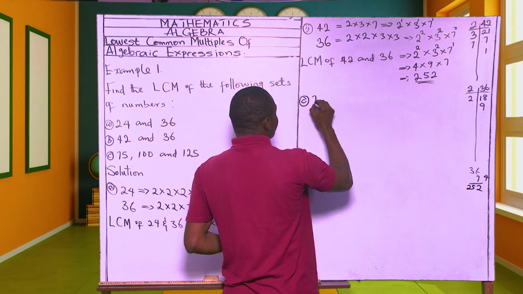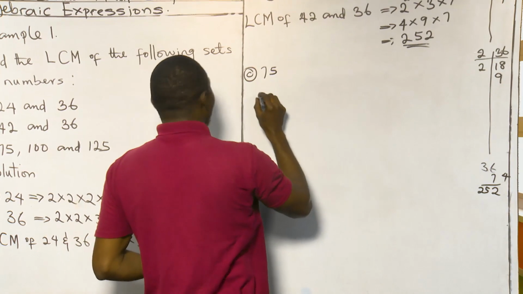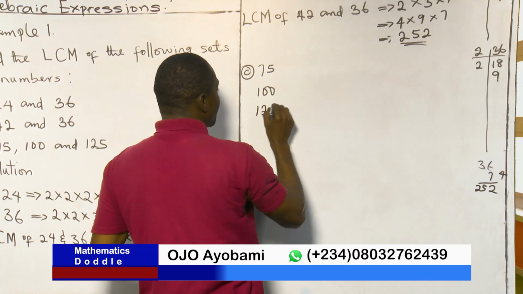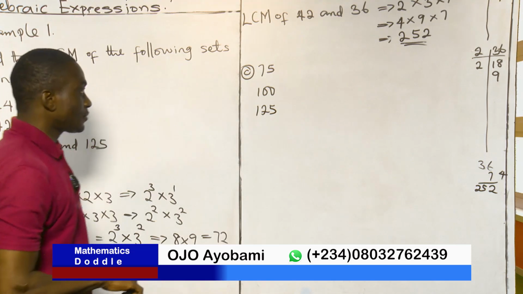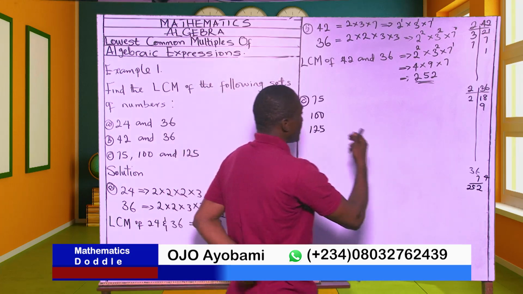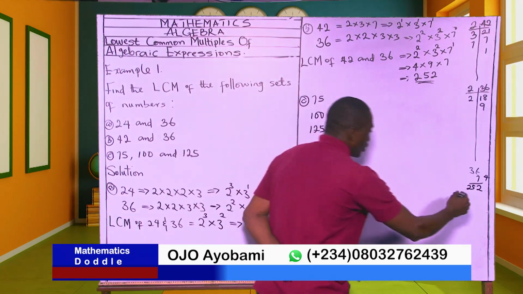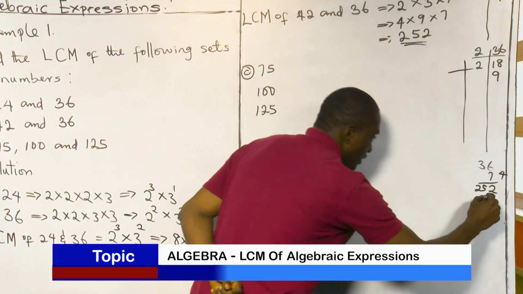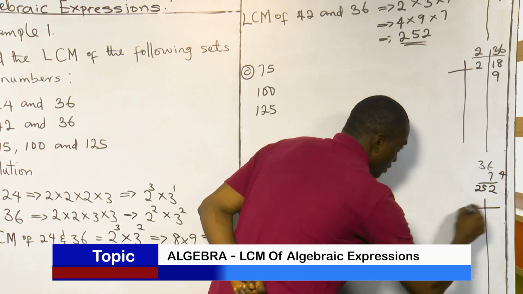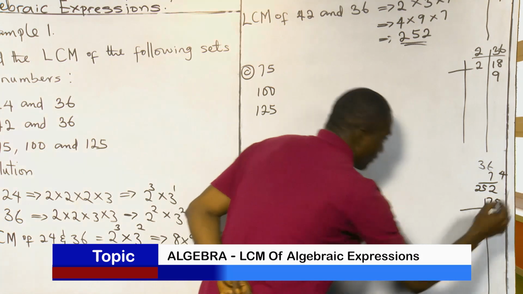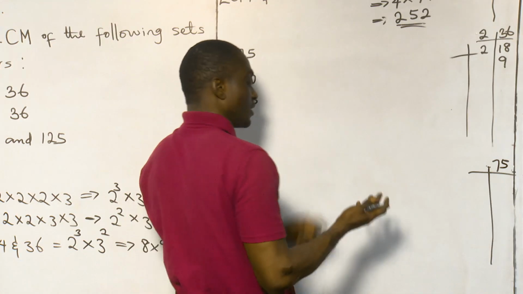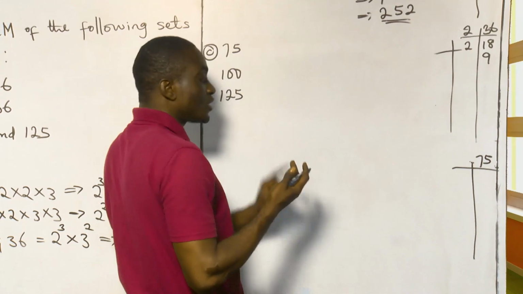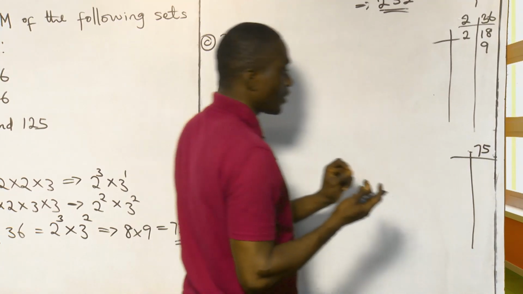We have 75, we have 100, we have 125. Now let's look for the prime factors. 75. Okay. 5 is a prime factor of 75. 3 is also a prime factor of 75.